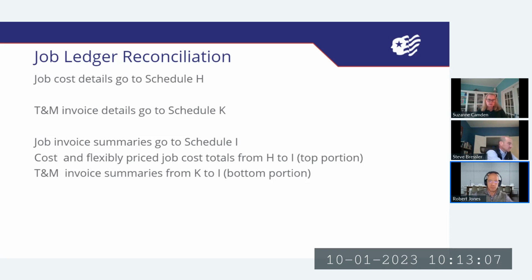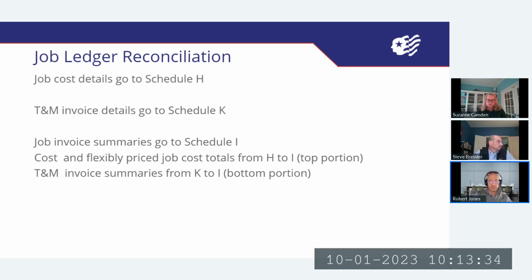For your T&M stuff, your T&M invoice data goes to Schedule K, and your job invoice summaries go to Schedule I. Now, what's interesting with Schedule I, and the reason we bring all of these up, is all of this stuff is connected. Your job cost details, and let me back up for a moment, that's for all of your job types.